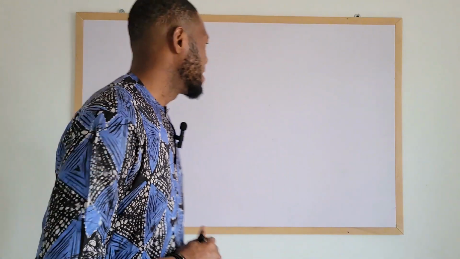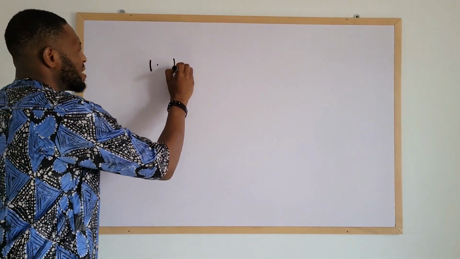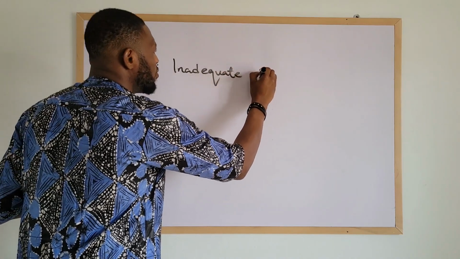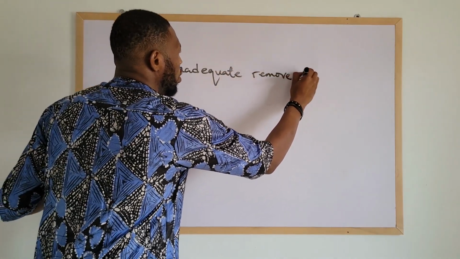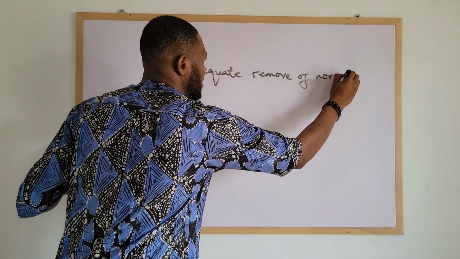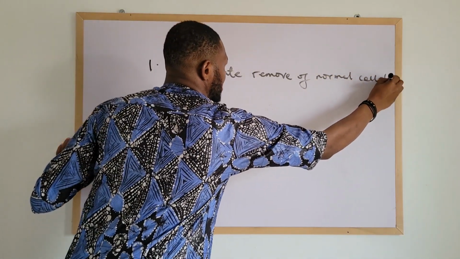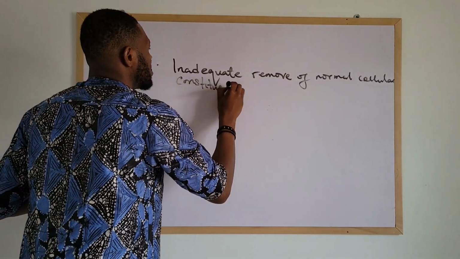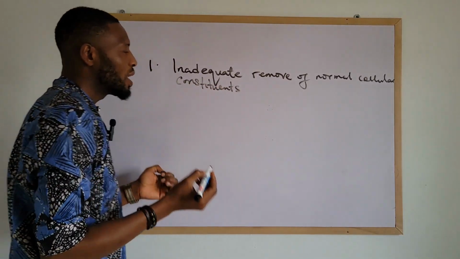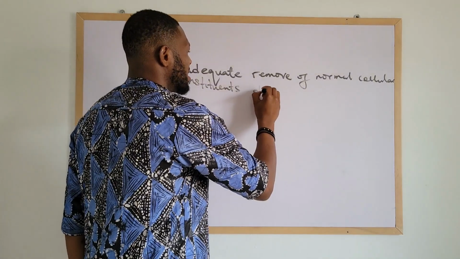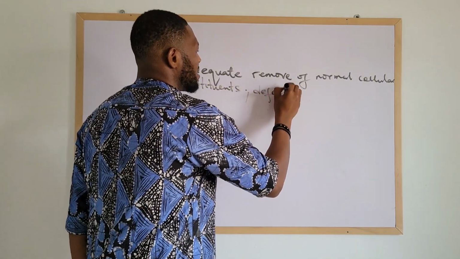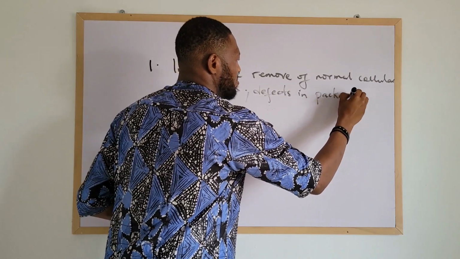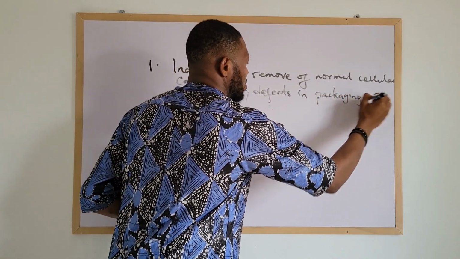Okay, the first one is when there is inadequate removal of normal constituents of the cell, of normal cellular constituents. Usually this is as a result of defects in packaging or transport.